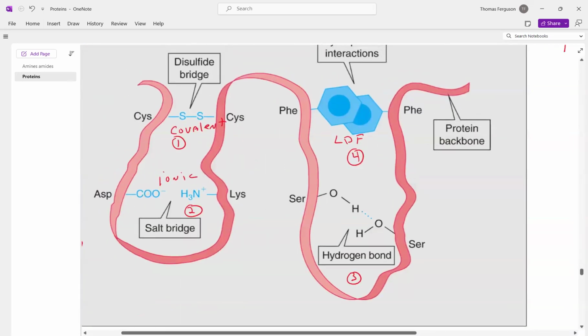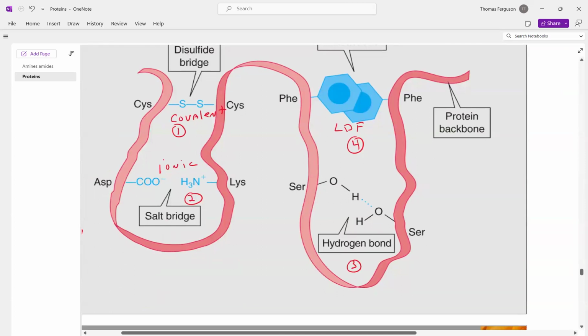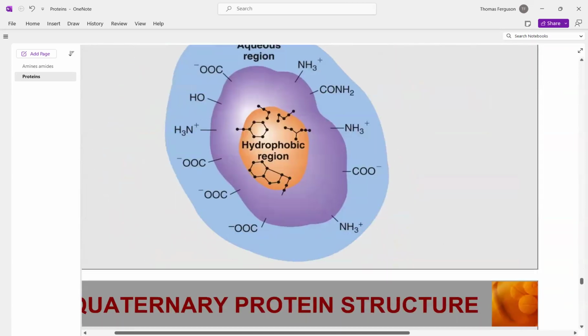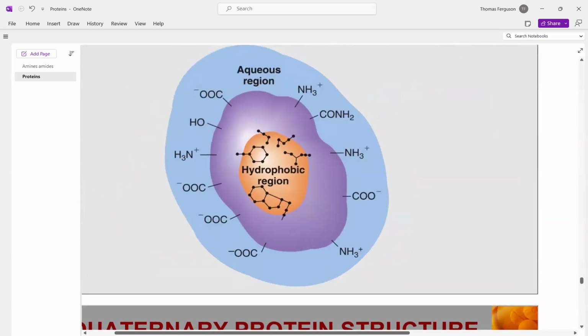So this is important, this here. Okay, like our fats forming micelles in a water environment, which our body is, the functional groups on the amino acids are going to tend to want to be on the outside, so they interact with the polar water. The non-polar functional groups want to be on the inside, as far away from the polar water as possible. So exactly the same reason a micelle forms with fats. This interaction is exactly the same thing.